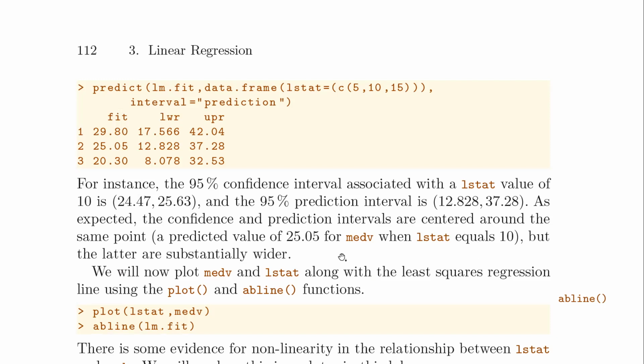As expected, the confidence and prediction intervals are centered around the same point, a predicted value of 25.05, but the latter is substantially wider. We really don't know what we're saying over here. What is this difference between confidence and prediction?